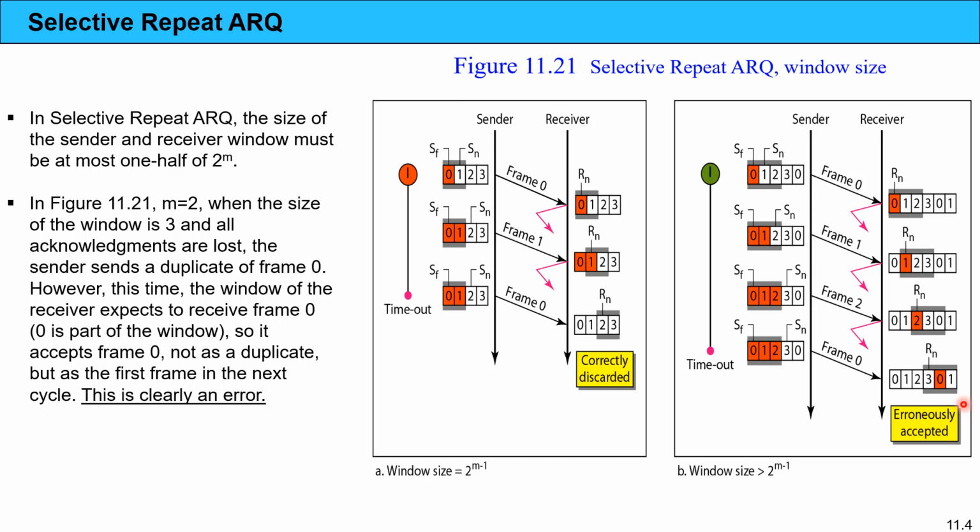But now the window size is large, greater than 2 to the power n minus 1. So the receiver will consider the retransmitted 0 as a new 0 for the new window, which is wrong. This 0 is the old one, a retransmission, not the next one. So I will get confused between what I retransmit and what is new.